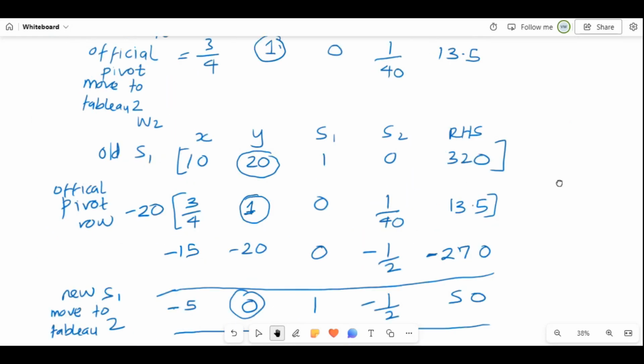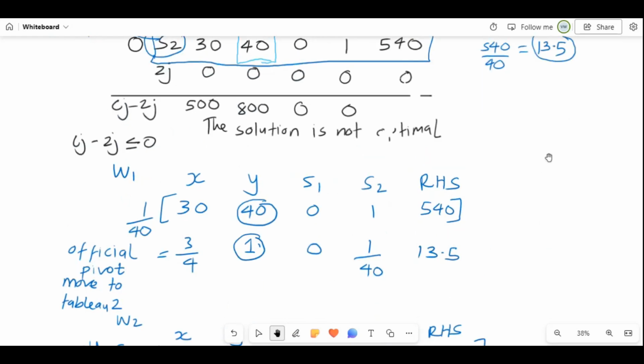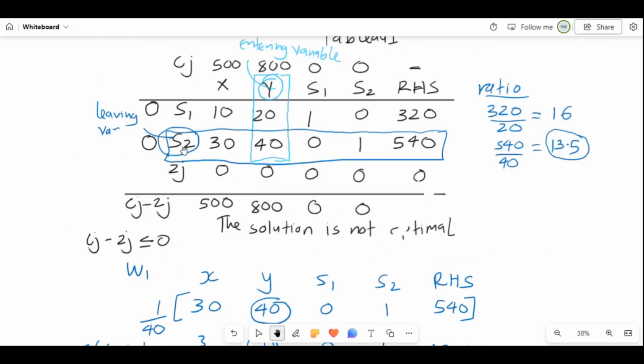But as we move to the next constraint, remember our constraint was S2, and S2 was representing the pivot row. And we said that because this is the pivot row, we will not have S2 as the variable. The variable S2 will leave because we've already started allocating resources.